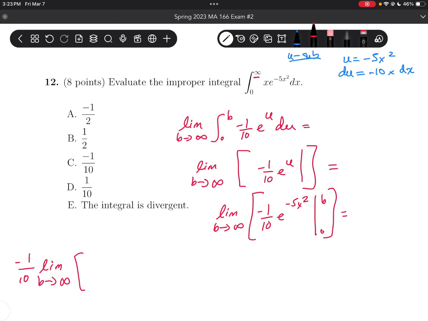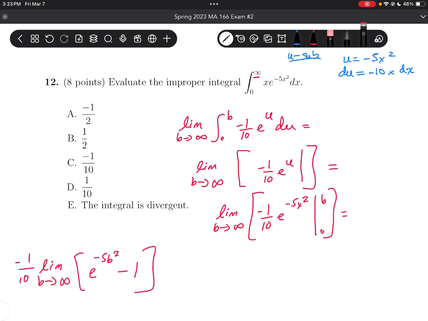It's not being affected by the value of b. I get e to the power of negative 5b squared minus e to the power of 0, which is 1. So now I just have to find the limit of this term as b approaches infinity.